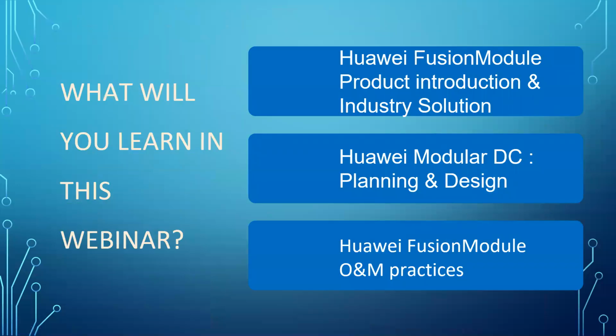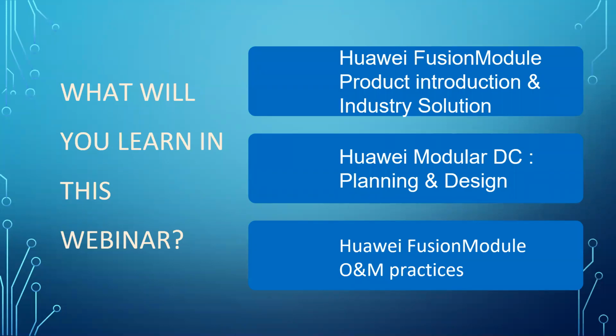In today's session, as the topic mentions, we will be having knowledge sharing about the Huawei FusionModule, which is the data center product family, and we will understand what the FusionModule is as a product and solution from Huawei. Also, we'll touch base on the planning and design aspects from the delivery point of view, and the operations and management point of view.